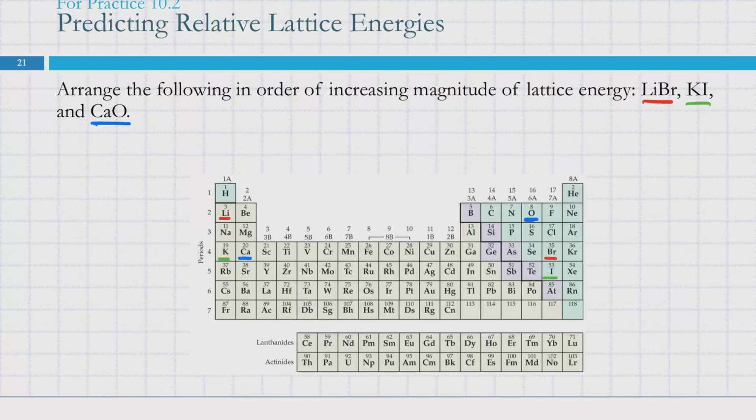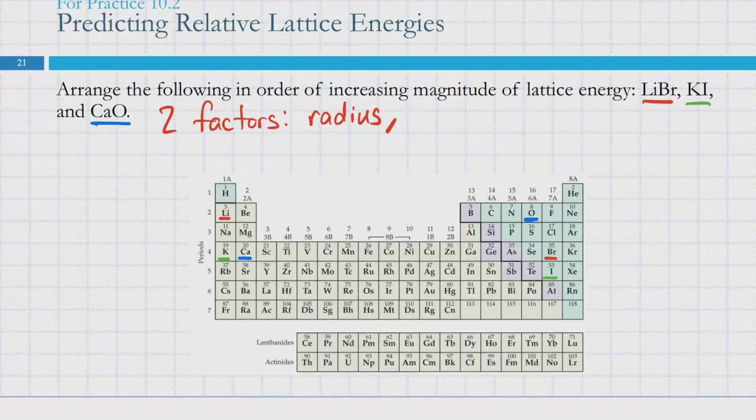Okay, what are the two factors that affect the magnitude of our lattice energy? One of them is the radius. And ionic charge is the other one. What produces a greater lattice energy?